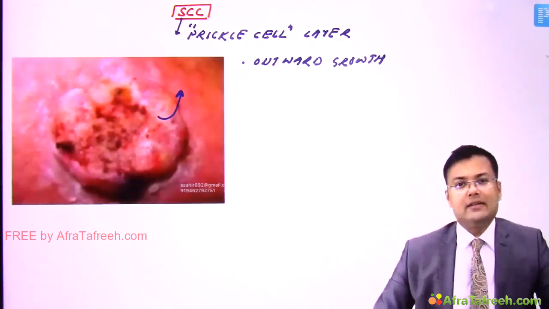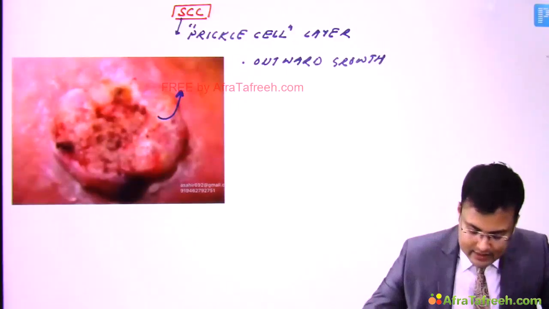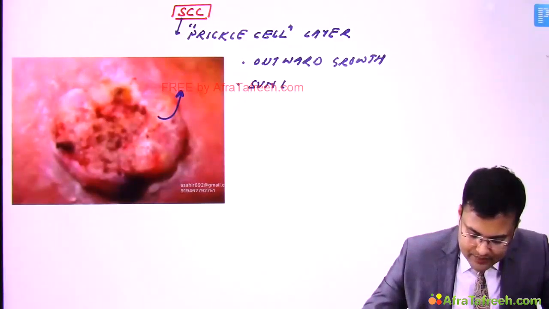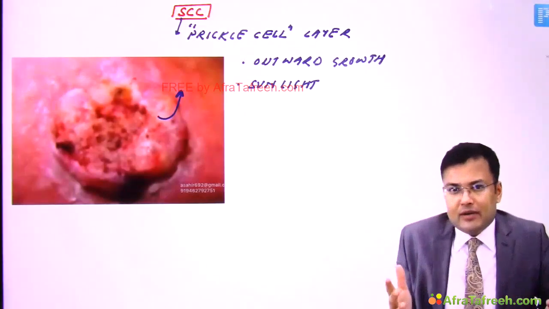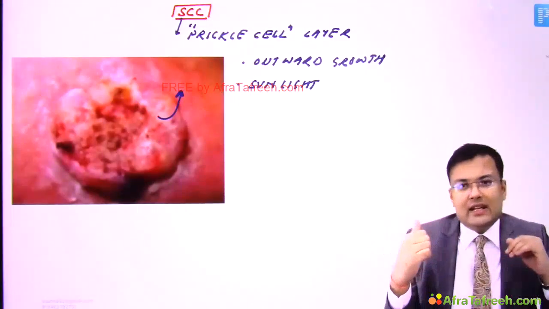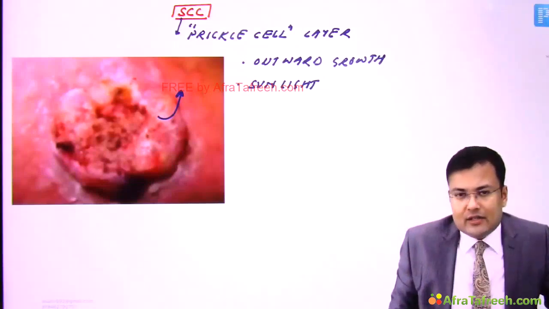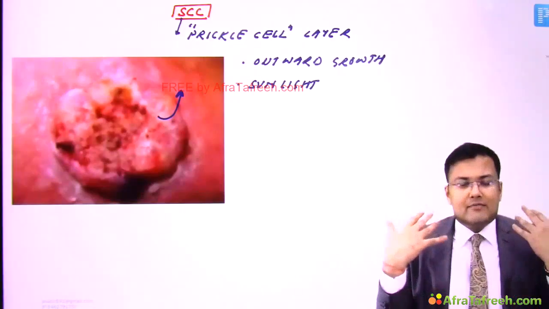Now what is the risk factor? One of the most common causative factors for squamous cell carcinoma is sunlight. Okay, now see the problem. Generally the exposed part of body, exposed to the sunlight, in those areas there is high chance of development of squamous cell carcinoma. So now just see which part of my body is exposed.